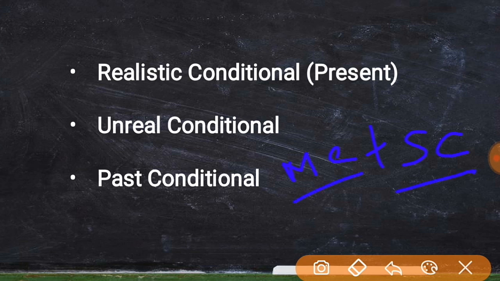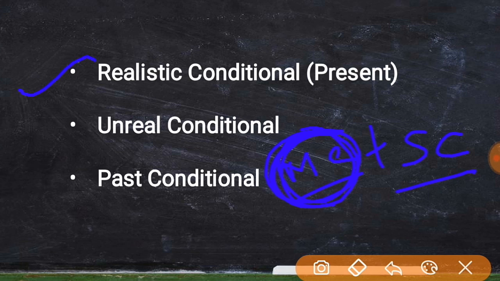Here the matter is that in all the cases, the main clause is never in future form. Actually, we are doing wrong when we use the future tense in the main clause, but it is never in the future tense. It must be in the present tense according to the sentence. In the first, realistic conditional, the main clause must be in the simple present form.